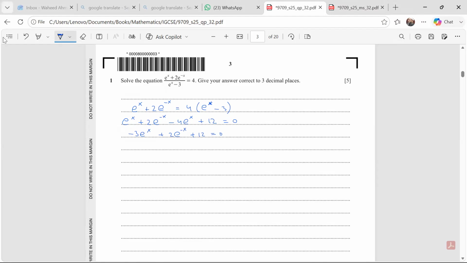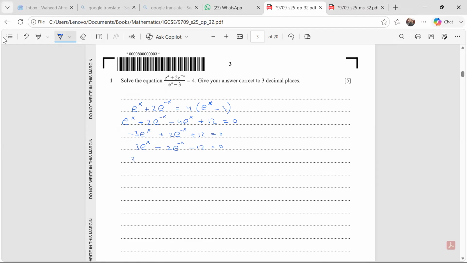Let me multiply by negative 1 everywhere. So this will become 3e to the power x, negative 2e to the power negative x, and negative 12 equals 0. Now I will multiply everything by e to the power x, on the left side and right side.